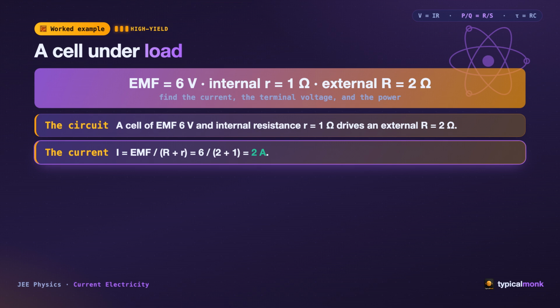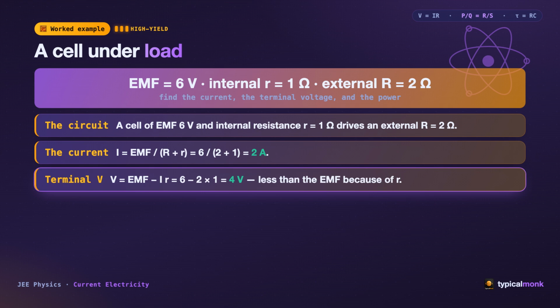The current, I equals the EMF over (R plus r), which is 6 over (2 plus 1), that is 2 amperes. The terminal voltage, V equals the EMF minus Ir, 6 minus 2 times 1, which is 4 volts, less than the EMF because of the internal resistance.